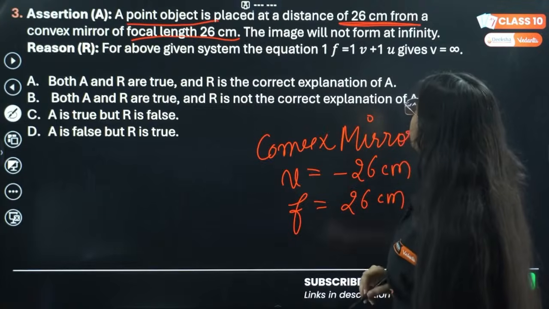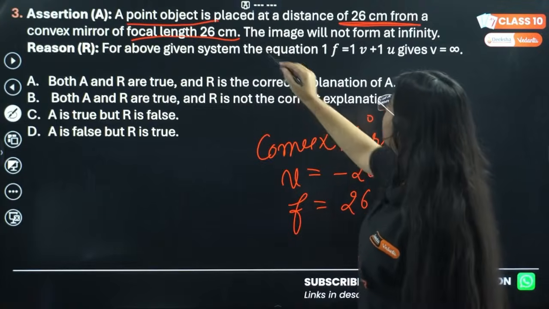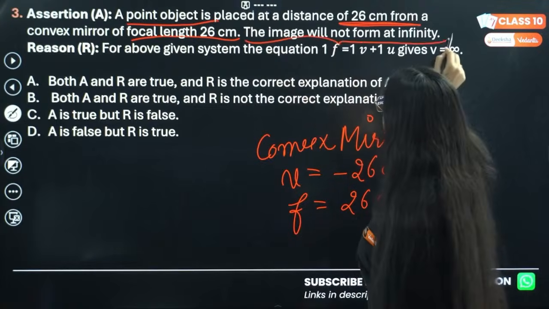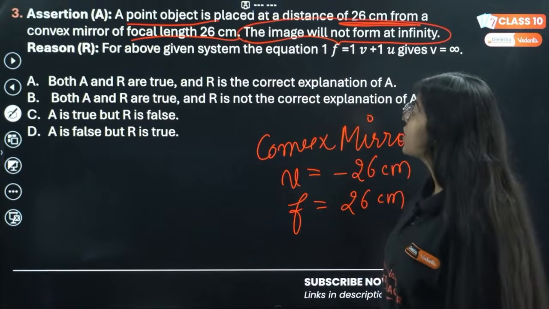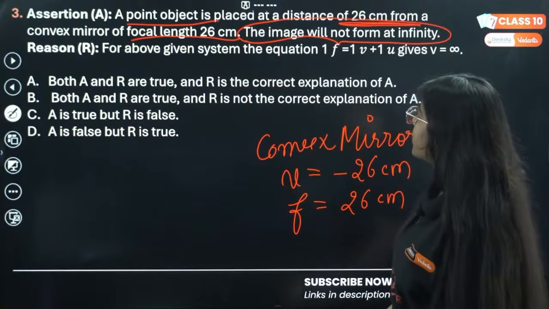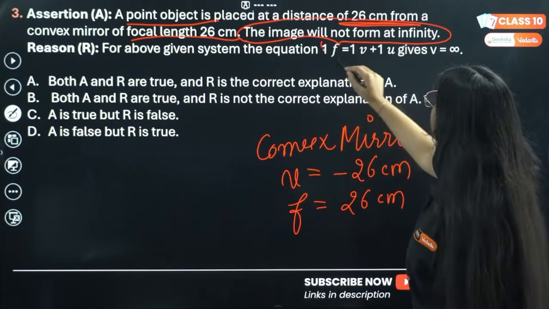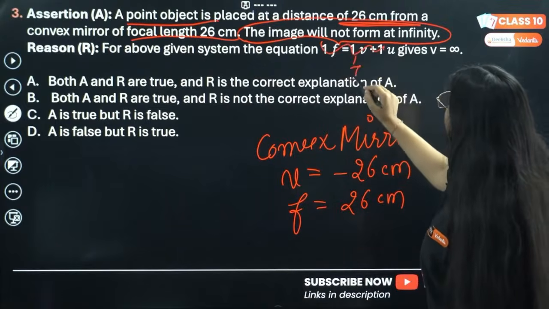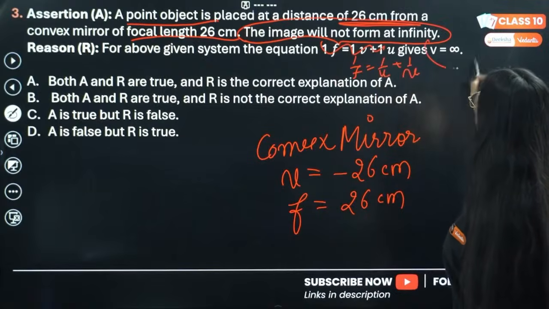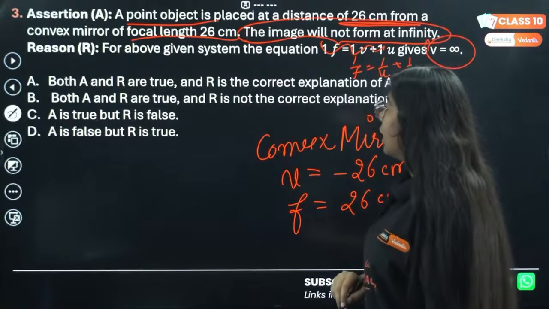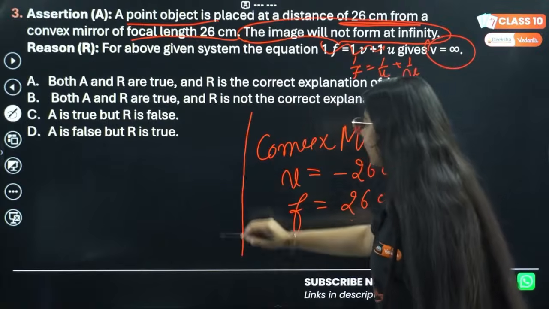Now the image will not form at infinity. The reason it gives is that for the above given system, the equation 1 by f equals 1 by u plus 1 by v gives v equals infinity. Now let's look at this question a little carefully.